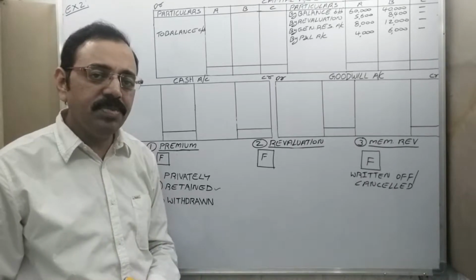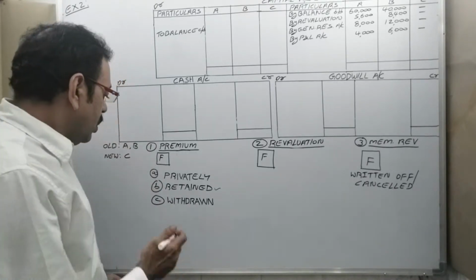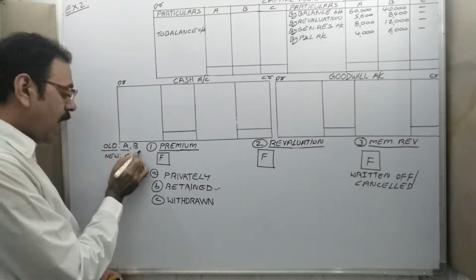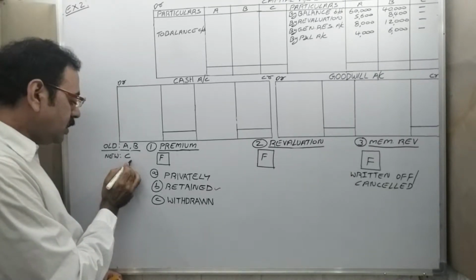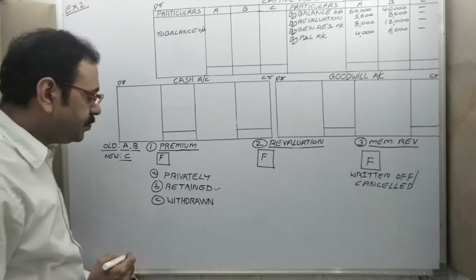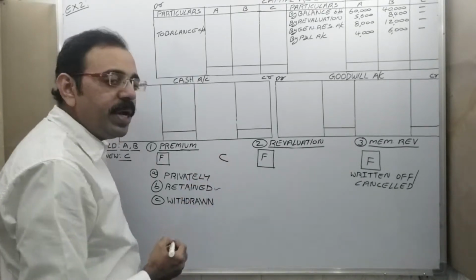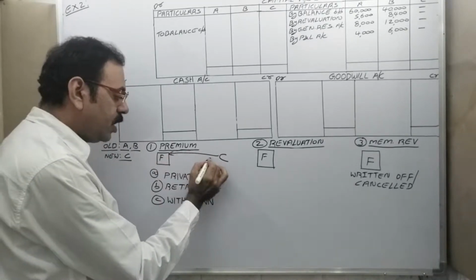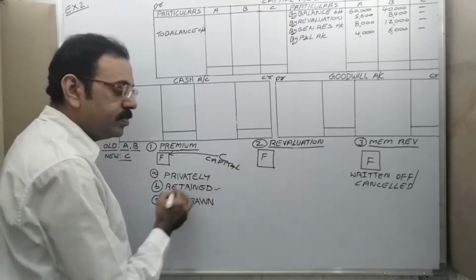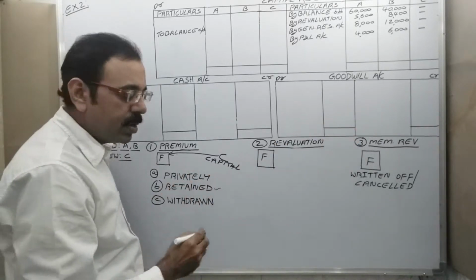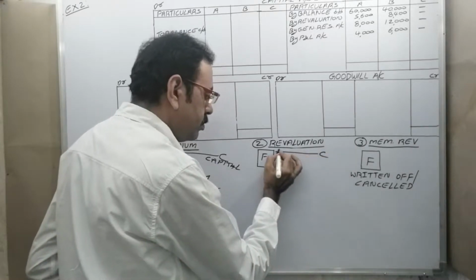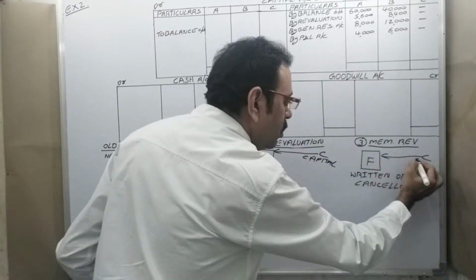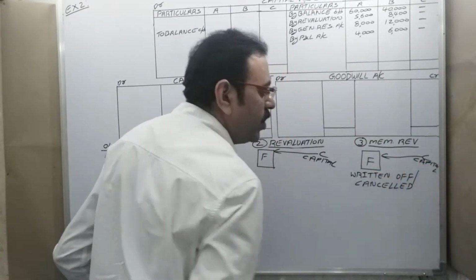Now, how to take the decision? Let us see one by one. See, in present problem, old partners are A and B. New partner is C. When a new partner is admitted into the business, no doubt he brings capital. In all 3 methods, he brings capital. This is common everywhere.